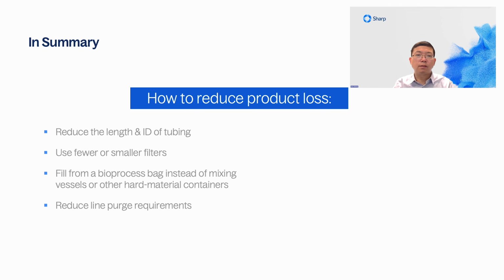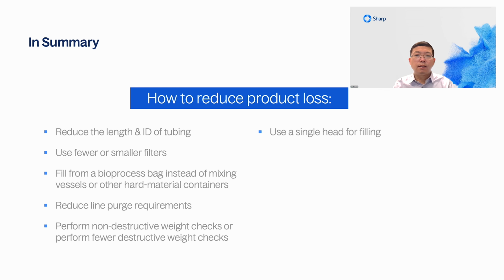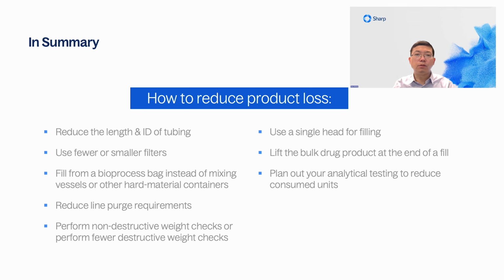Perform non-destructive weight checks or perform fewer destructive weight checks. Use a single needle for filling. Lift the bulk drug product at the end of fill. Plan out your analytical testing to reduce consumed units. And use a substitute when this makes sense in engineering runs.